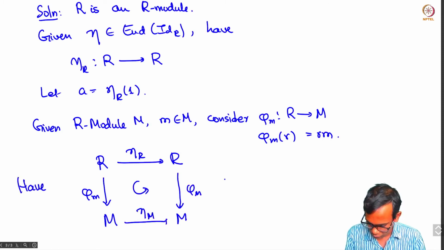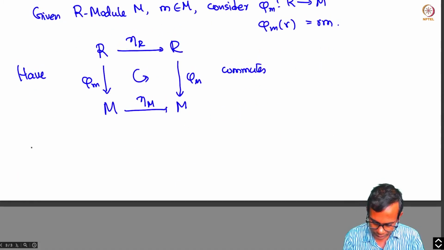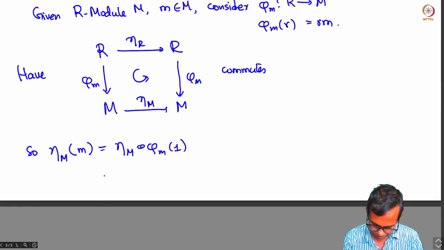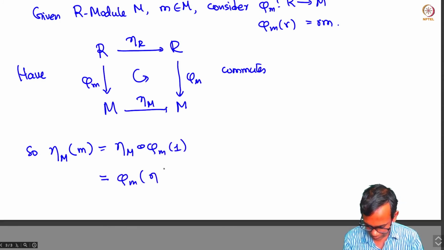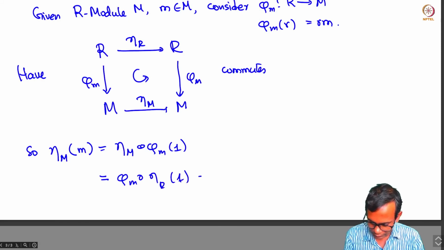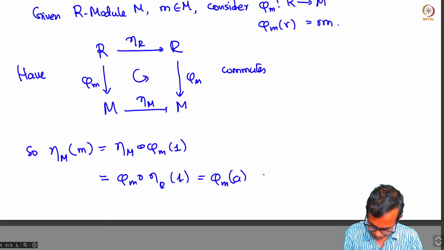This commutes, which means that eta_M of m is eta_M of phi_m of 1, which is phi_m of eta_R of 1 by commutativity, which is phi_m of a, which is am.